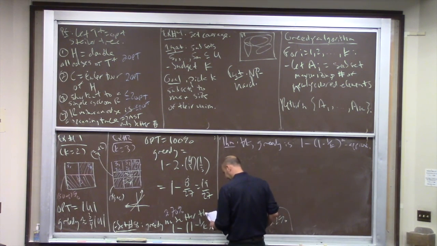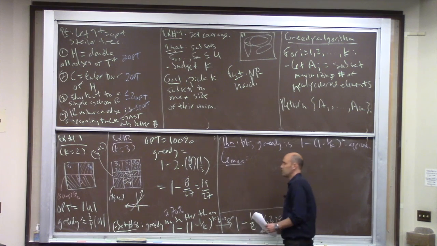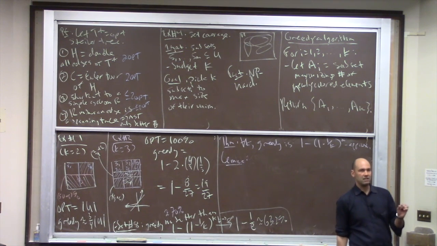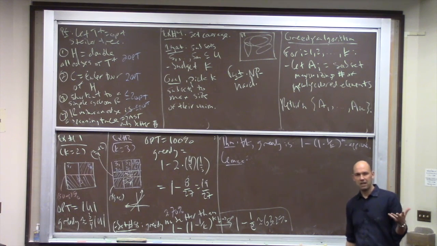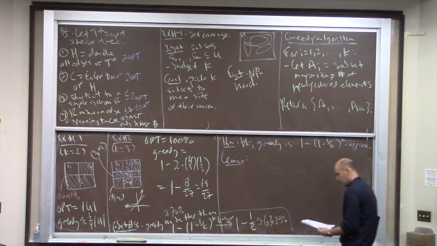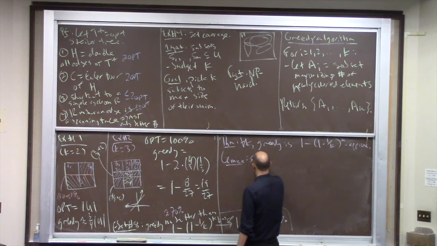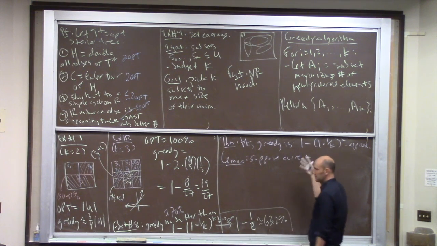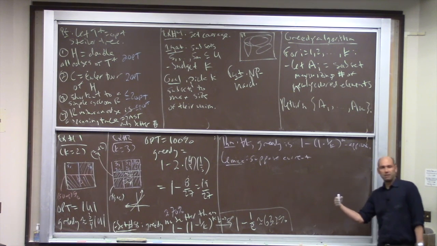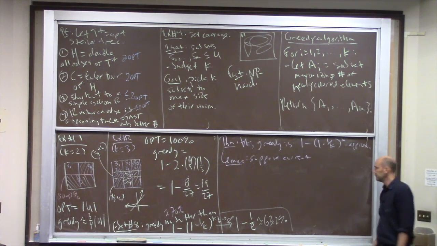Good. All right, so a quick little lemma. The lemma really is where we isolate what's special about the greedy algorithm, and then the proof is just going to be a little algebra on top of that. So what's the lemma? Pause the greedy algorithm in some iteration. I don't care which one.